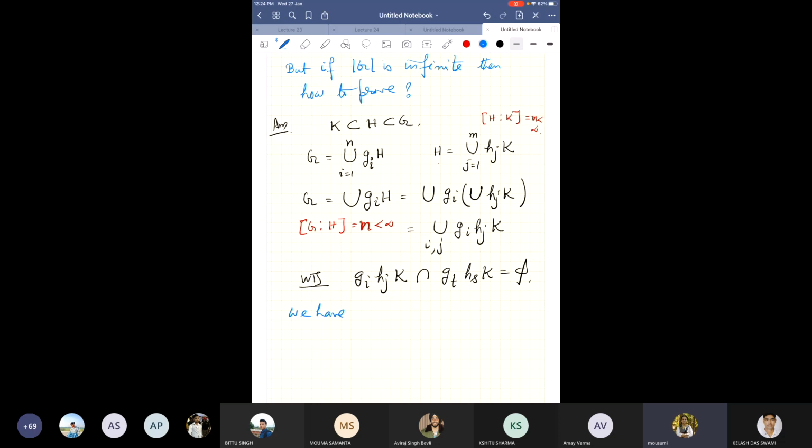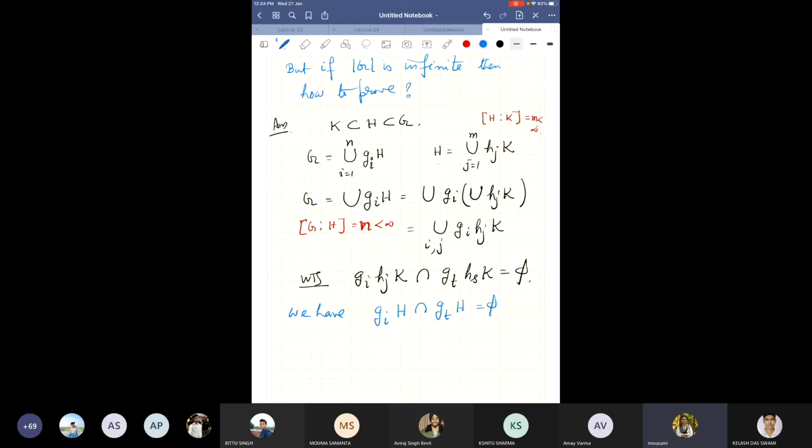In order to show that these are disjoint, what do we already have? We already have that the left cosets of H are disjoint, right? So g_i H intersection g_t H is empty because the left cosets of H are disjoint.